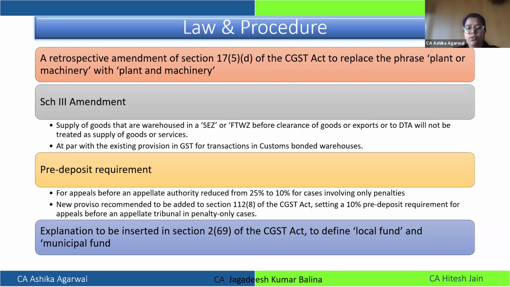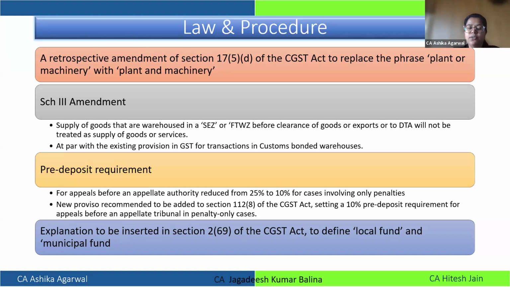So if any one of you has a case where it is only the penalty which you are disputing, make sure you file before the budget announces this and implements it. So before February, basically by 31st January, you should try to file your appeal so that you can avoid this 10% pre-deposit.